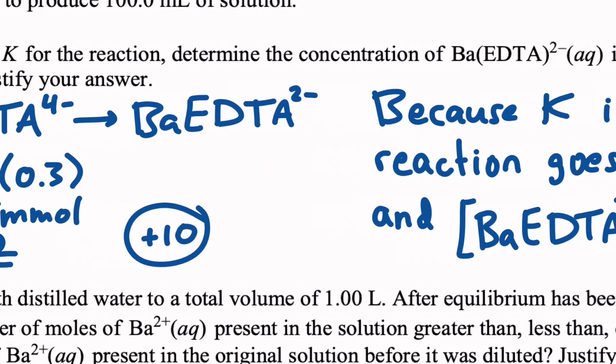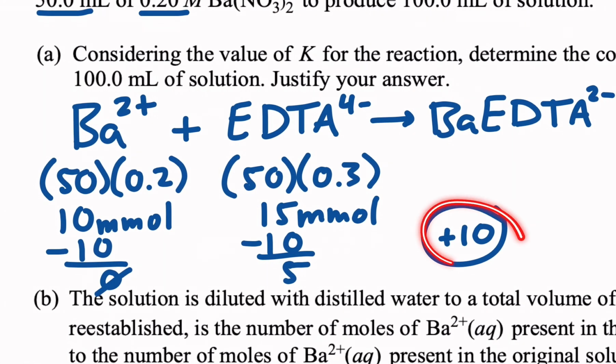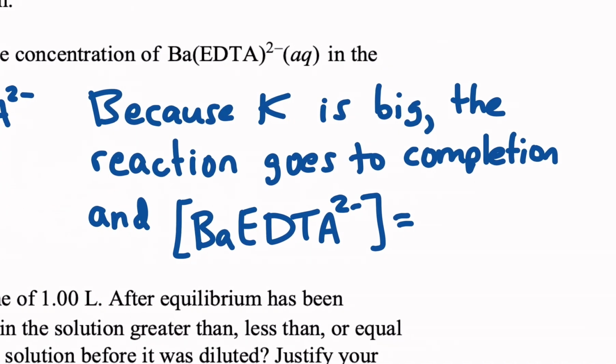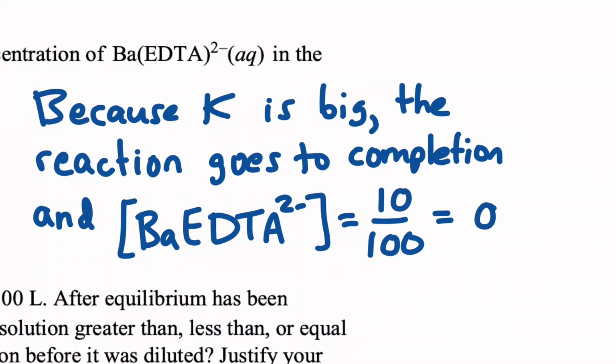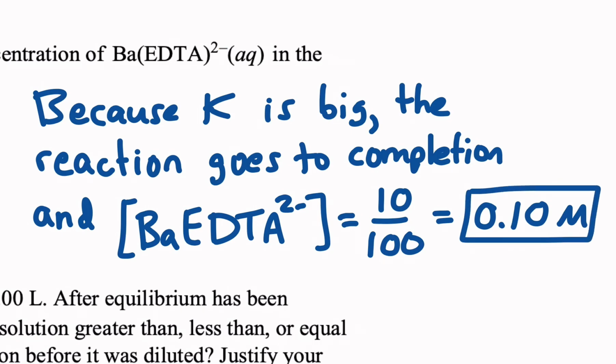Remember, molarity is moles per liter, or millimoles per milliliter, which is the sum of the two volumes in this case. So it's 10 divided by 100, which is just 0.1 molar. I doubt they would grade for sig figs, but I'll bet their answer key has 2 sig figs because of the 2 sig figs in the molarities given.